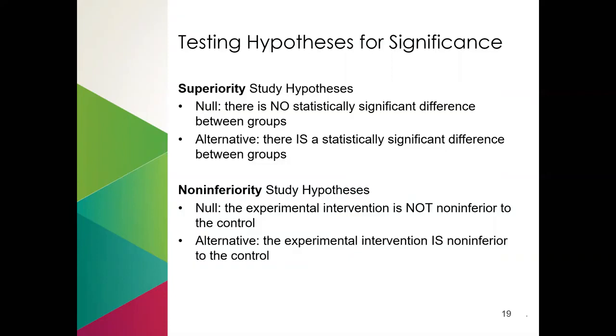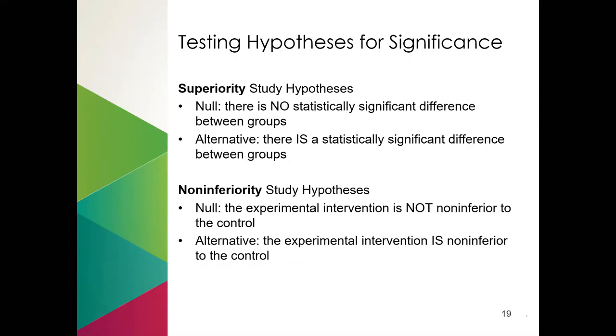And then for non-inferiority studies, your null hypothesis is that the group receiving your intervention, their data is not non-inferior to the data of the control group. That's the null. It's important to say not non-inferior because for a non-inferiority study, failing to meet the threshold of non-inferiority doesn't mean you've proved it inferior, because your study was testing for non-inferiority.